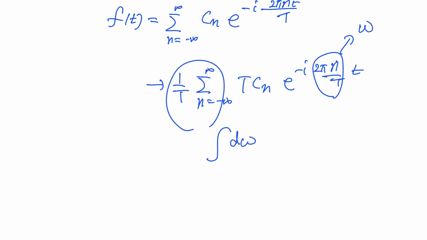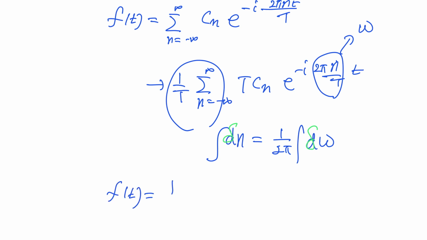So T Cn is actually 2 pi over delta omega. For infinite period, f(t) can be written as 1 over 2 pi, integral from minus infinity to infinity of d omega, some function, exponential minus i omega t.